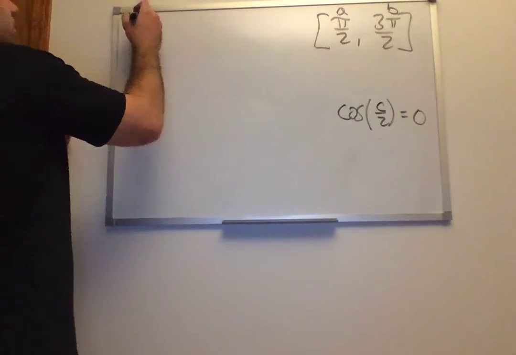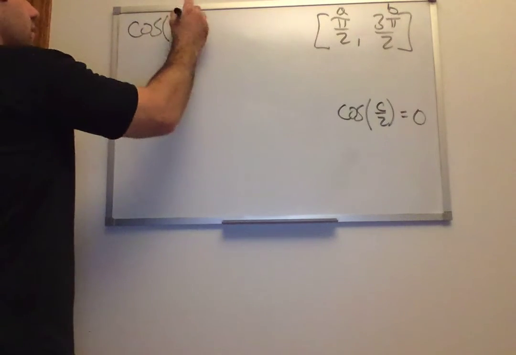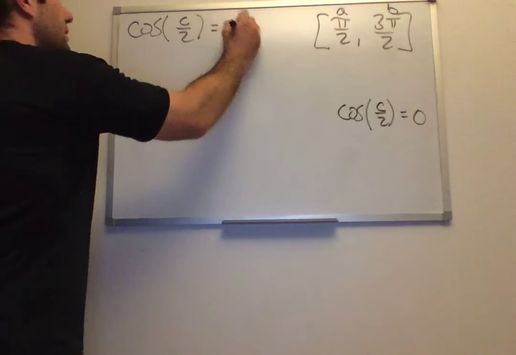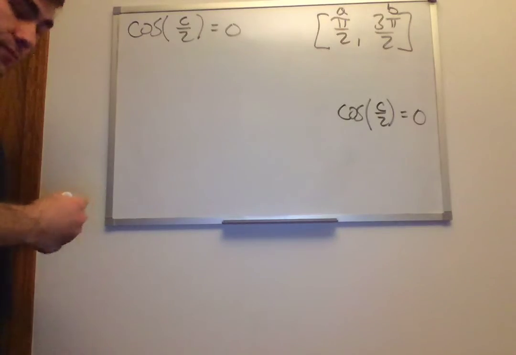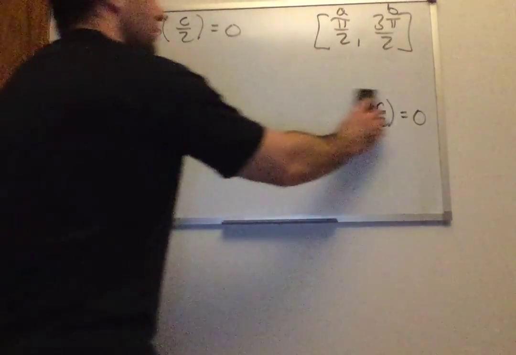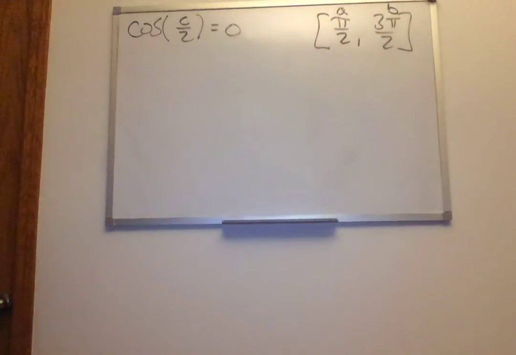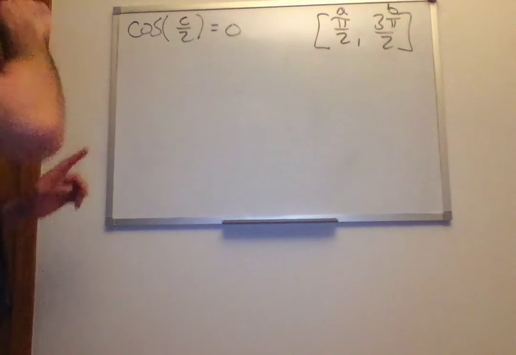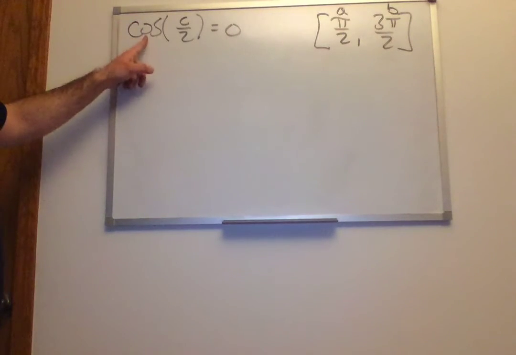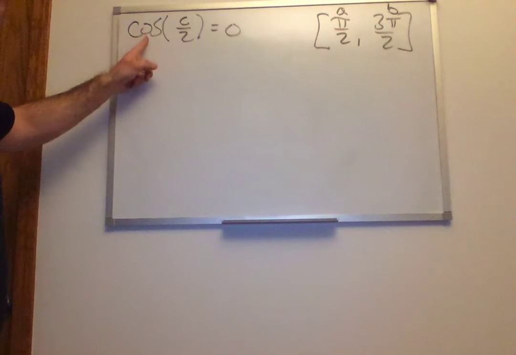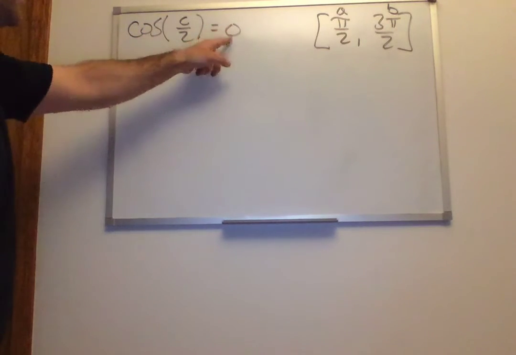I'll write it over here. Cosine of c over 2 is equal to 0. So now I got to think to myself, at what angle does the cosine value equal 0?